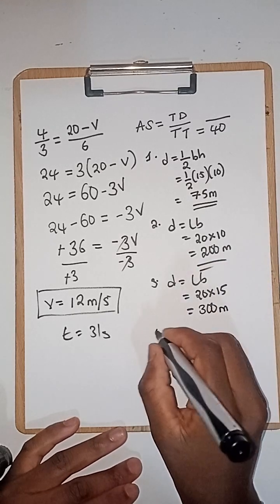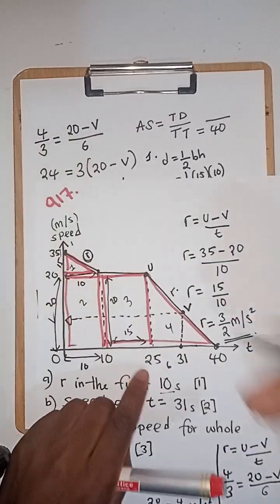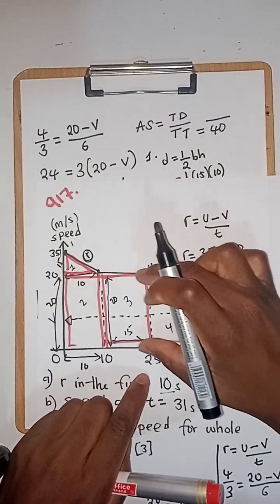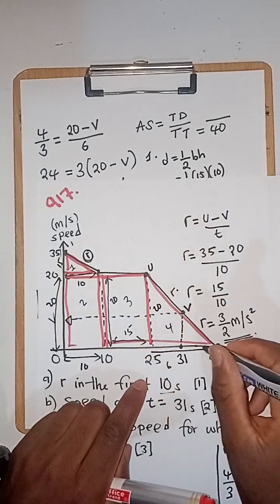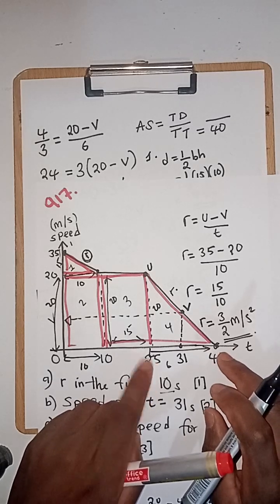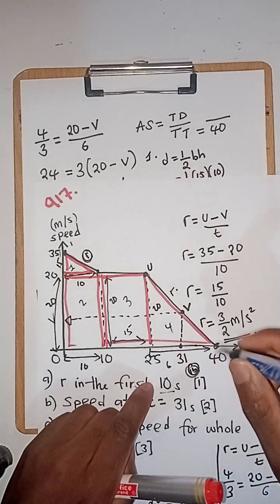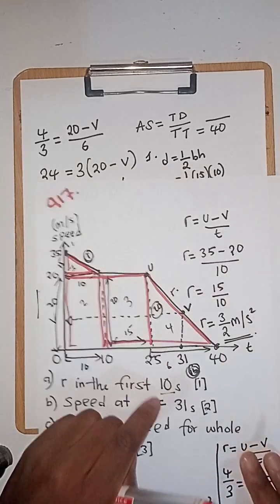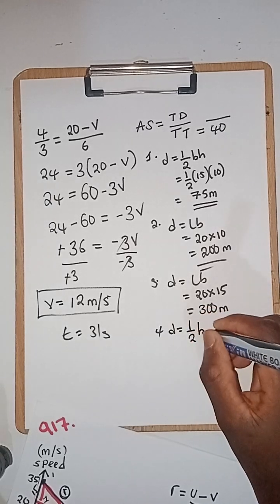Number 4, we have a right angle triangle. So here our height is 20 and our base here is 40 minus 25, which is 15. So we're going to say 15 and 20 there. Distance will be equal to half BH.